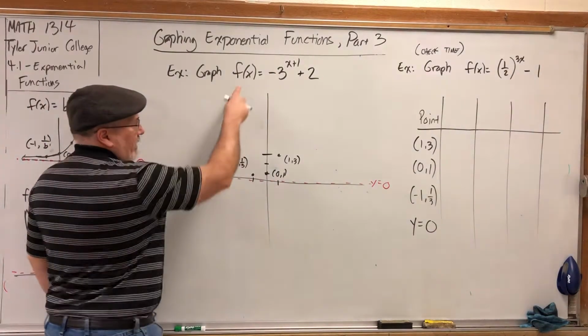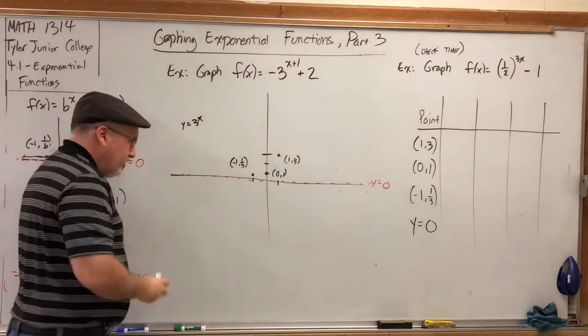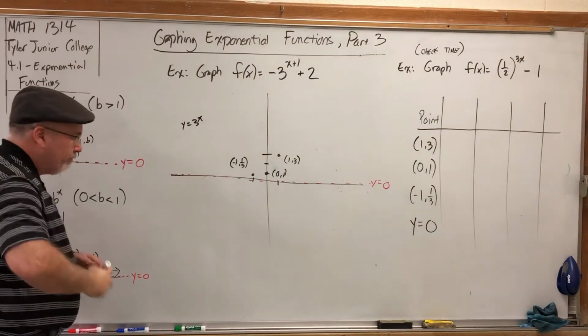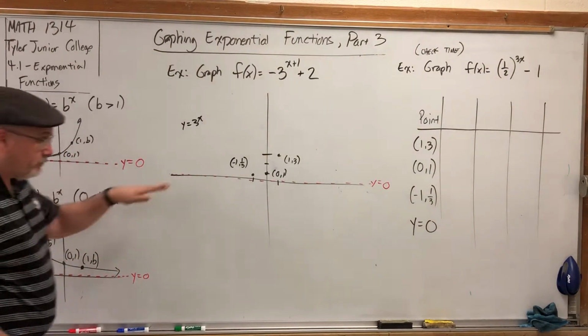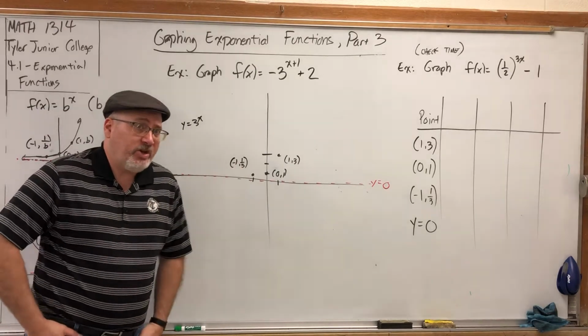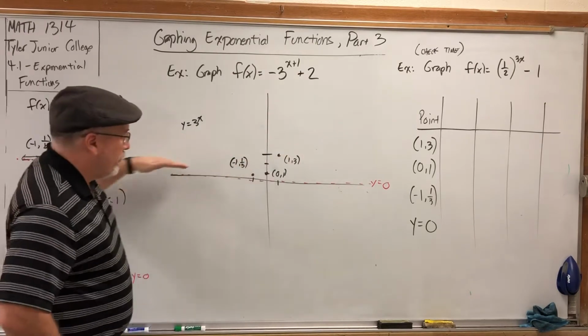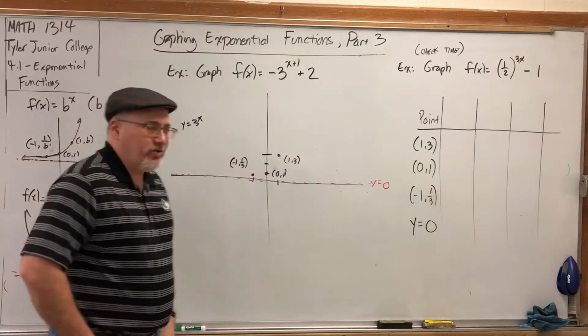I don't want to call it f of x because that's what this is, so we'll just say y equals 3 to the x. And I haven't drawn the graph through them, but it's going to look like this and go through those 3 points. I also have the horizontal asymptote already sketched at y equals 0. So you can use your imagination and see the exponential growth graph that would go through these 3 points.